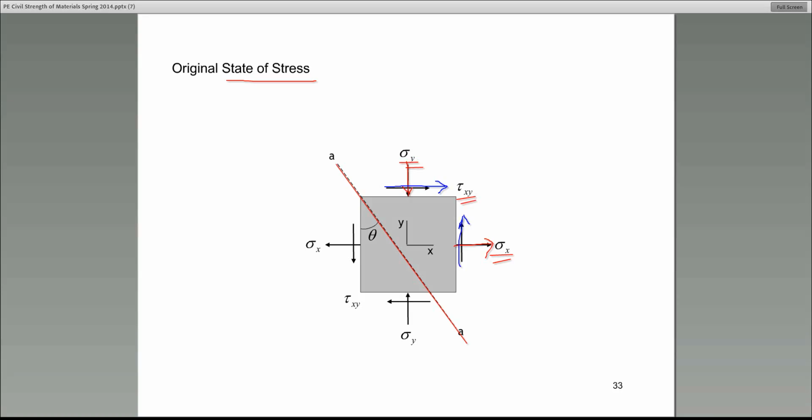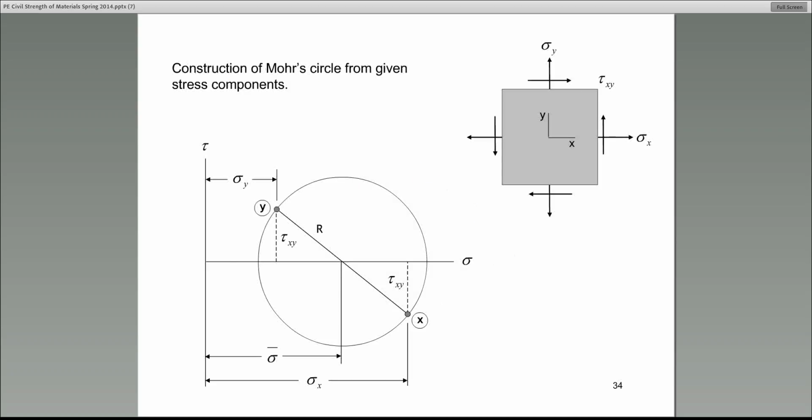Guys, these are not necessarily the largest or the maximum stresses acting on this plane, on this point on the beam. All right? So what we're doing, we're trying to see along this inclined plane, where are those maximum stresses and where are they located?